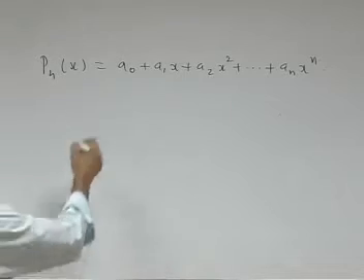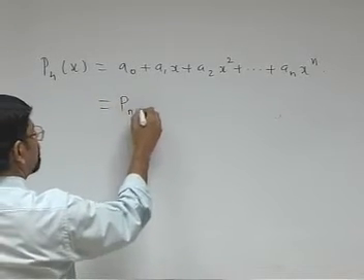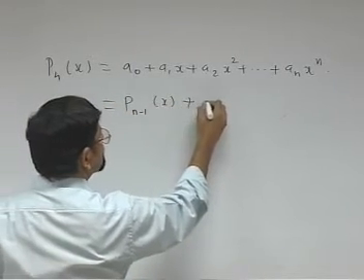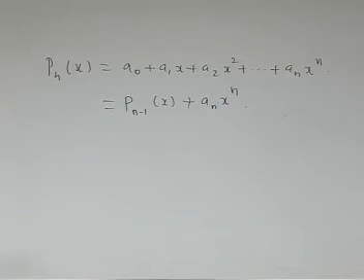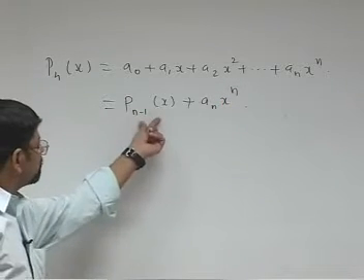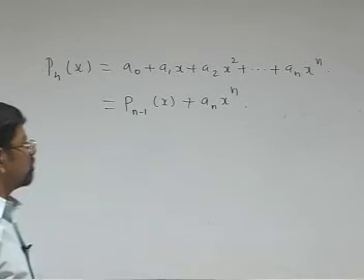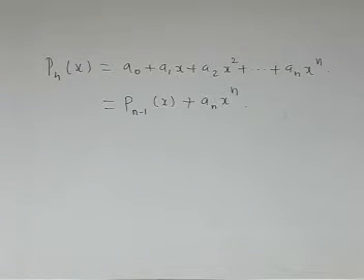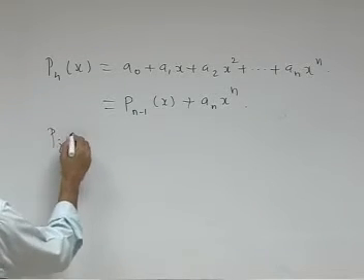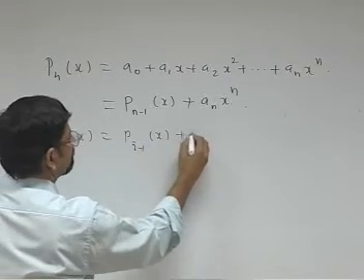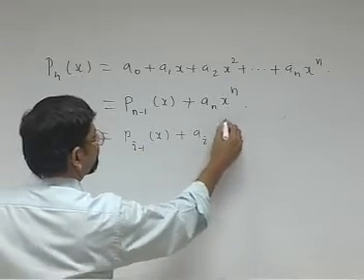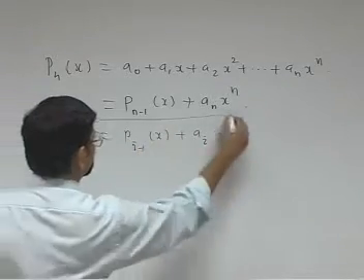If you view this as Pn minus 1 of x plus an x power n, this is an incremental view. You have taken this and you are extending this solution. In other words, Pi of x equal to Pi minus 1 of x plus ai x power i. This is a generic form.